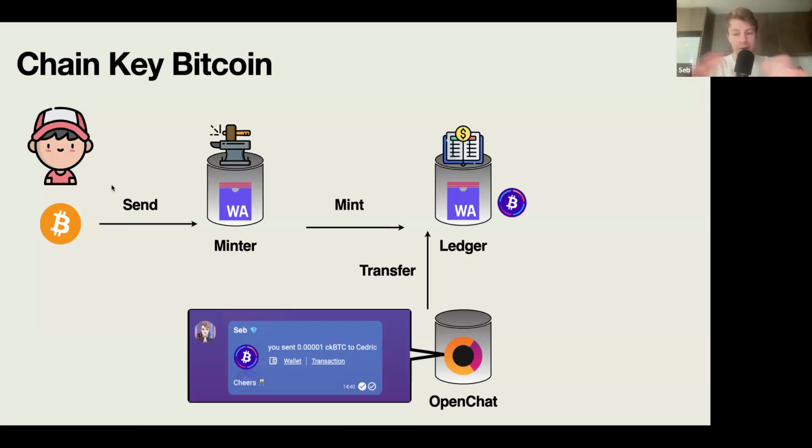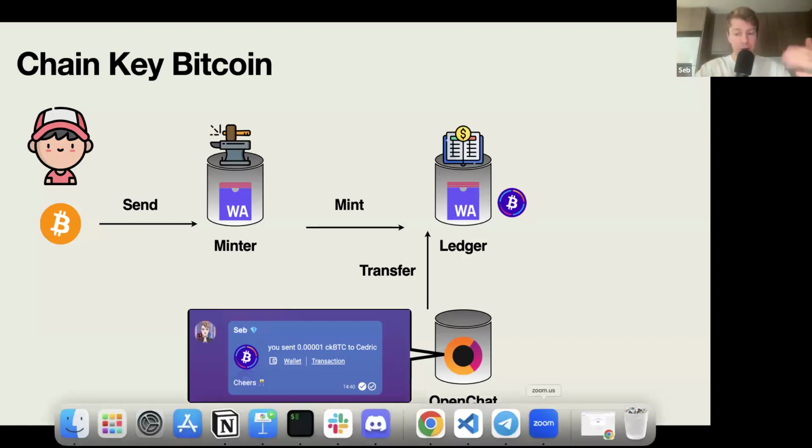So you're always going to receive the same amount corresponding to whatever Bitcoin you have sent. And on the other side, if you burn some chain key Bitcoin, you will receive back some of your Bitcoin, or all of your Bitcoin if you burn everything. So this is the bridge part here. And then all the rest happens on the IC side.